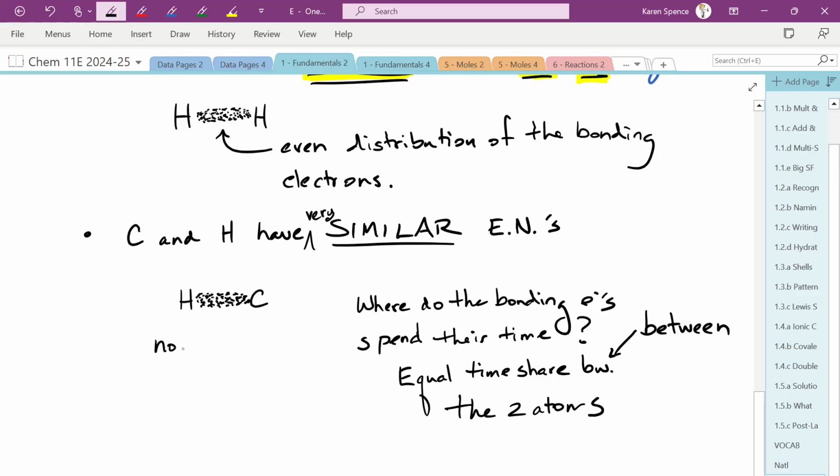So there is no slightly positive end. There's no slightly negative end. They are just all neutral. Okay?